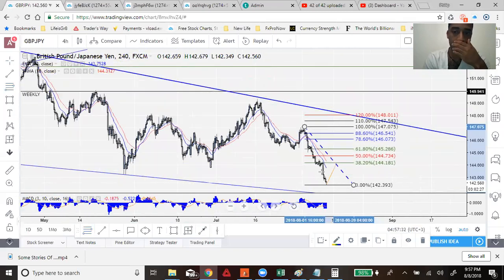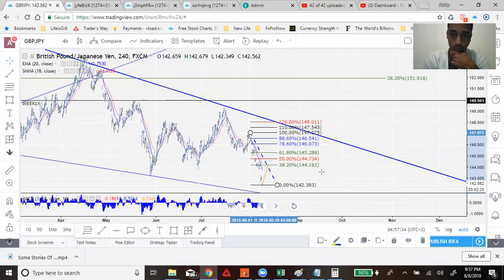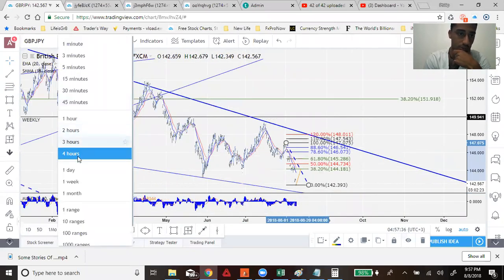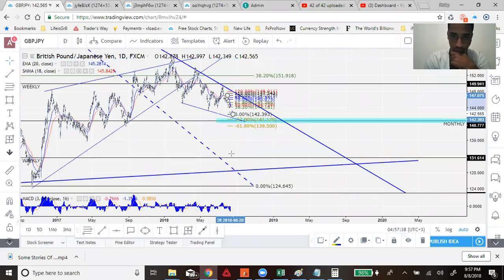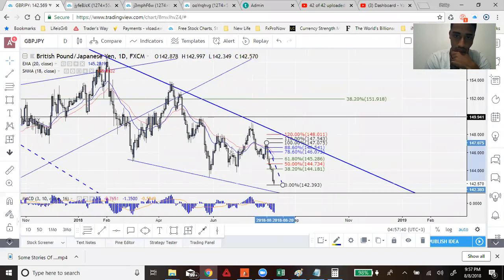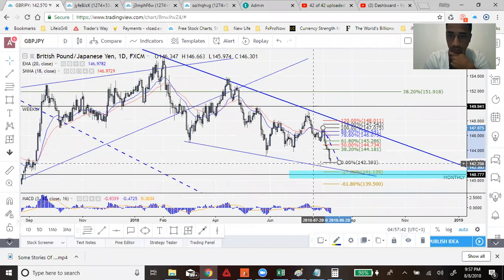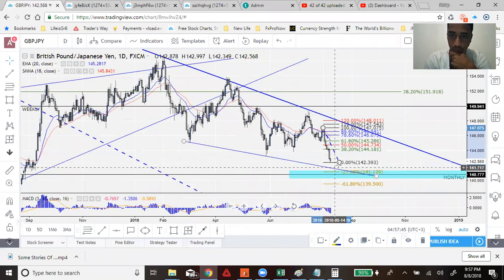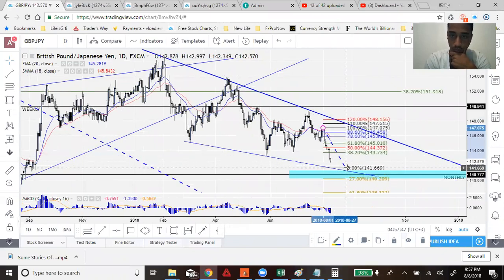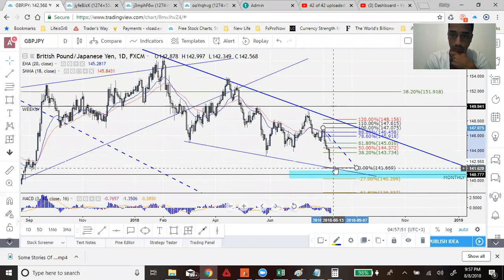Now, if anything, price may continue downwards to this trend line and then push up, right?